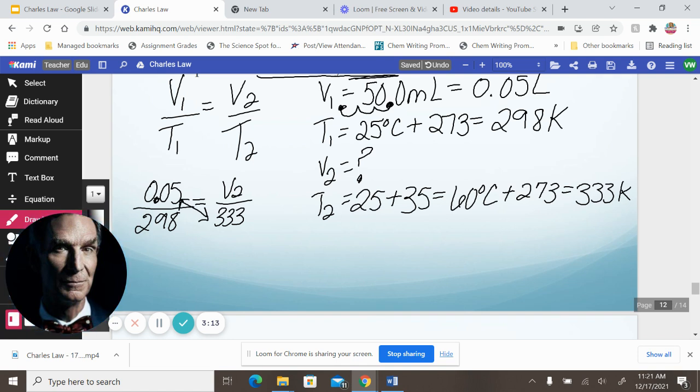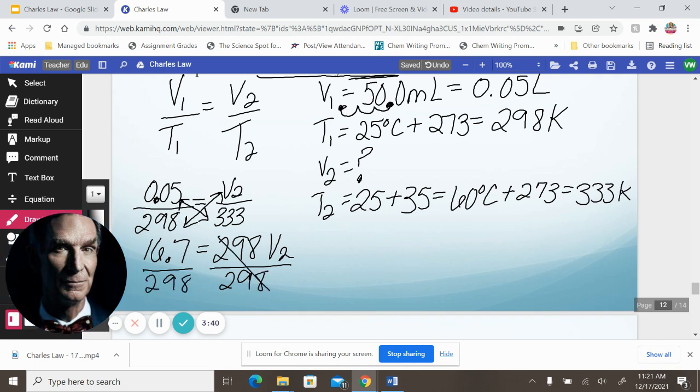So I'm going to start by multiplying 0.05 times 333. And you get 16.7. Then I'm going to cross multiply V2 times 298. We'll get 298 V2. We got to get V2 by itself, so we divide both sides by 298.